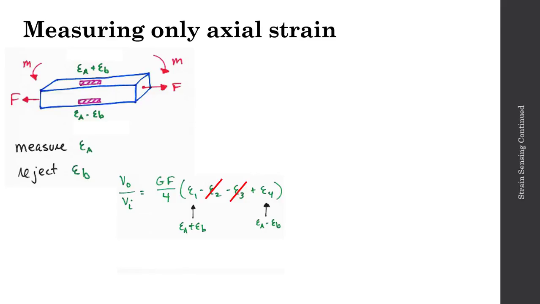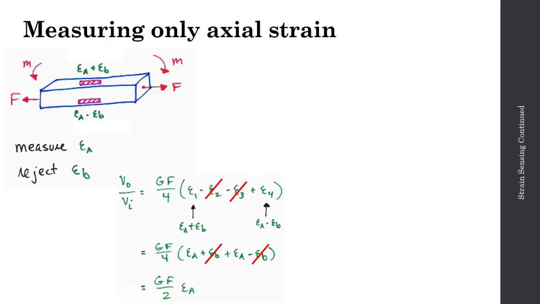So if I plug these in, I'll find my transfer function is equal to the gauge factor over 4 times the quantity epsilon sub A plus epsilon sub B plus epsilon sub A minus epsilon sub B. So these epsilon sub B terms, they'll effectively cancel each other out, and I'm left with a description now of the output voltage divided by the input voltage equal to the gauge factor over 4 times 2 epsilon sub A. The 4 and the 2 will cancel, and my final description will be the gauge factor over 2 times epsilon sub A, the axial strain.